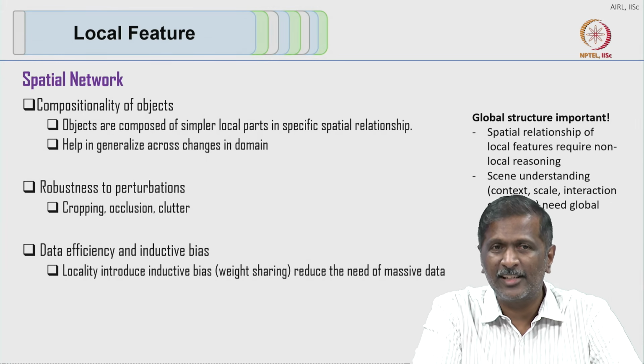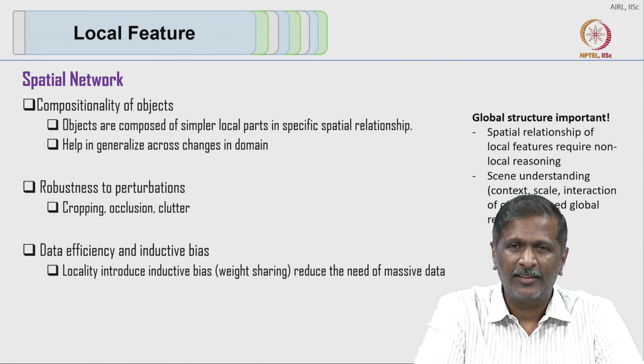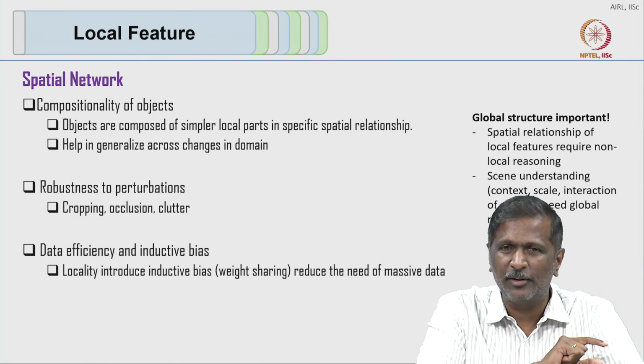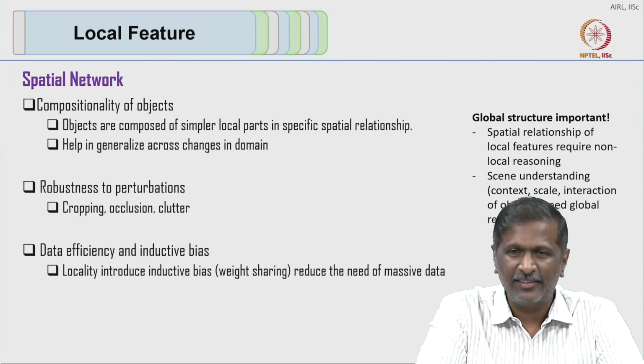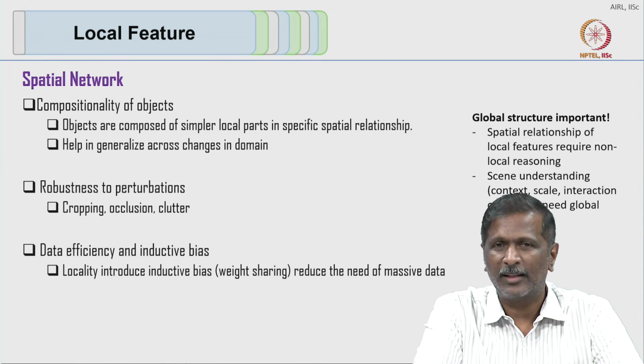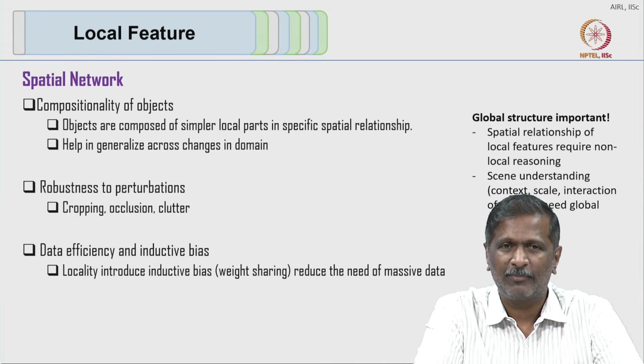Moment you have this, it is robust to perturbation. Sometimes you can crop, you can give only the 2 eyes alone, and you can figure it out. There could be occlusion, there could be clutter, some person standing behind a bush. Still you can identify the face.